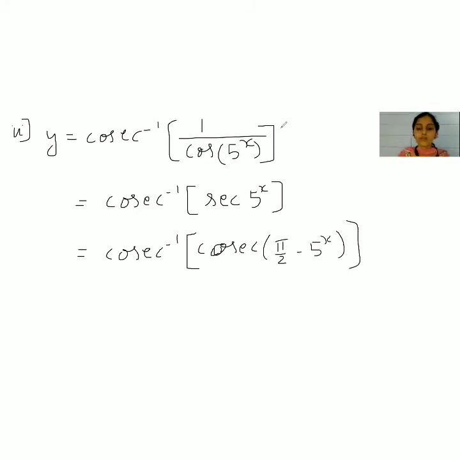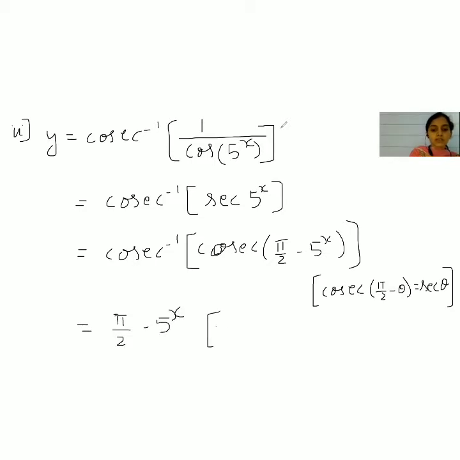Sec theta is a complementary function of cosec 90 minus theta, right? So in brackets you can write over here, since cosec pi by 2 minus theta is equal to sec theta. So I have written this function over here. Now, what is cosec inverse of cosec? So that is pi by 2 minus 5 raised to x.